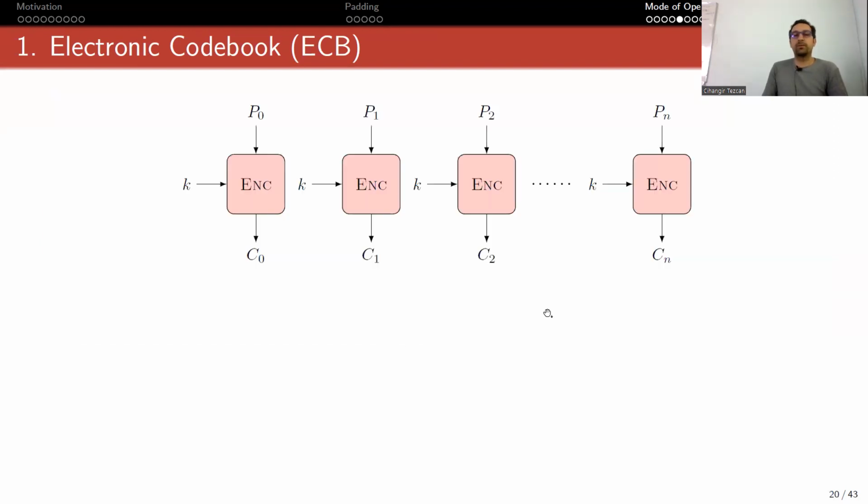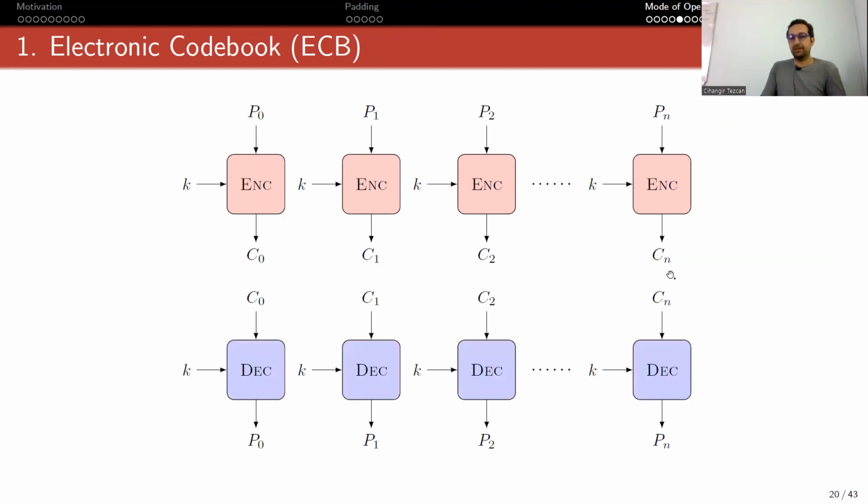So if you want to show it in a picture, you encrypt every plaintext block independently with the secret key. The person who decrypts receives the ciphertext, but this time decrypts them back, okay? Here I'm showing the encryption and decryption in different colors because in a few modes of operation later, you will see that the person who wants to decrypt will still use the encryption algorithm, because some modes of operation turn the block cipher into a stream cipher.